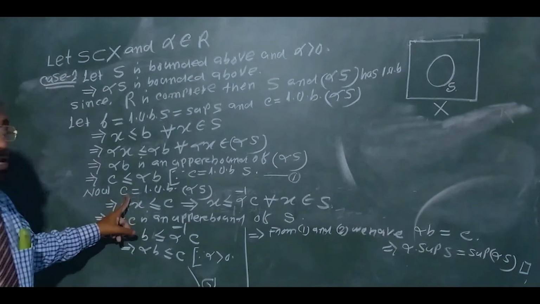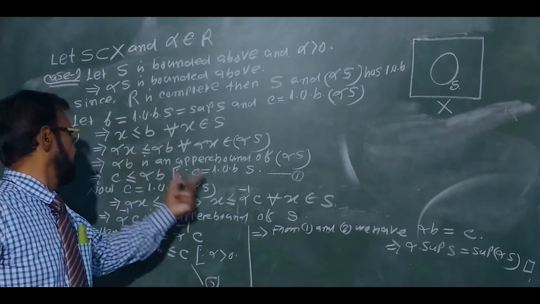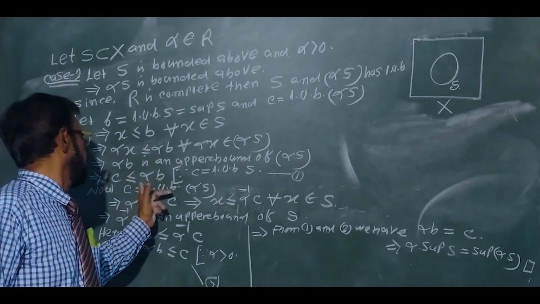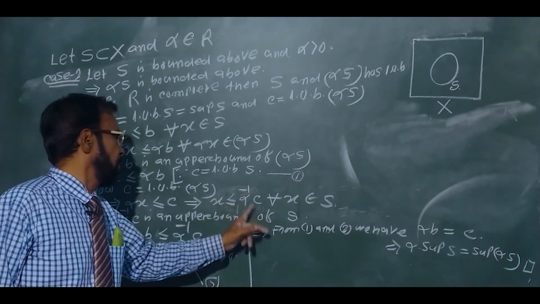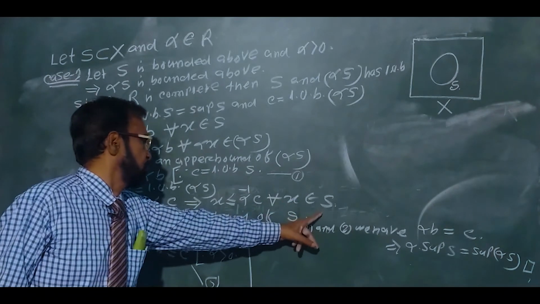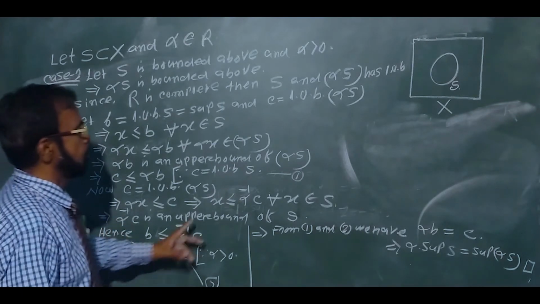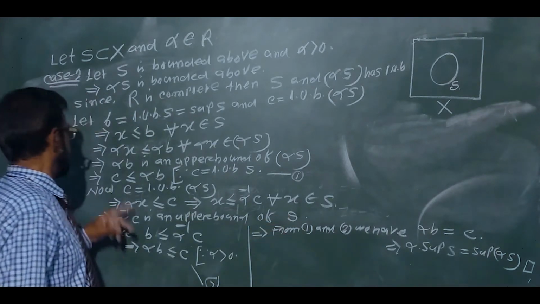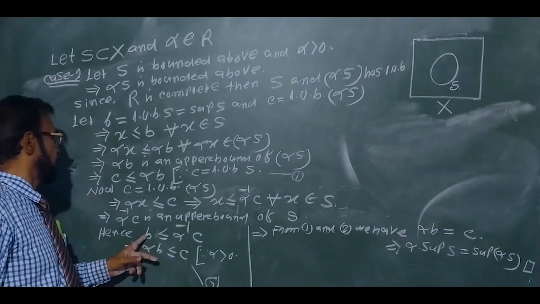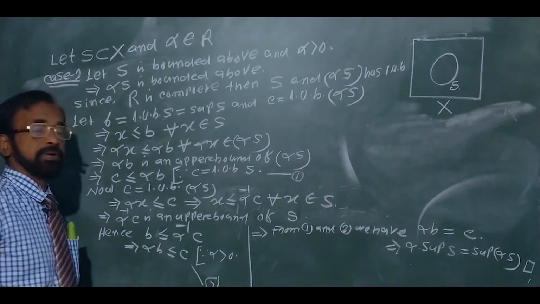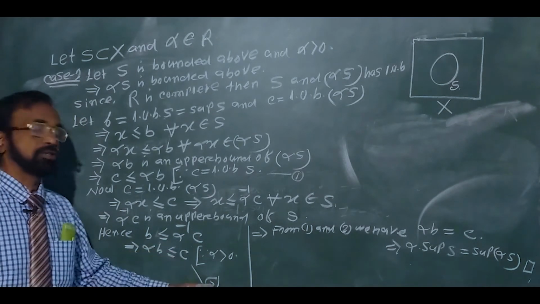Now C is the least upper bound of alpha S, which means every element of alpha S is less than or equal to C, that is alpha X less than or equal to C, which implies X is less than or equal to alpha inverse C for all X belonging to S, which implies alpha inverse C is an upper bound of S. Since B is the least upper bound of S and alpha inverse C is an upper bound of S, B is less than or equal to alpha inverse C, which implies alpha B is less than or equal to C. This is equation number 2.